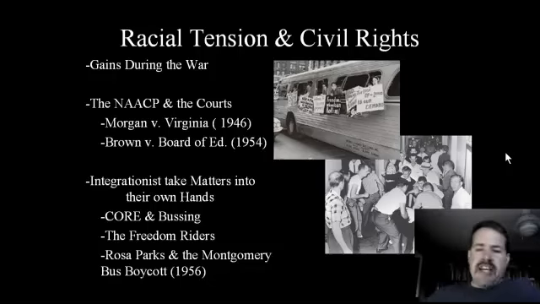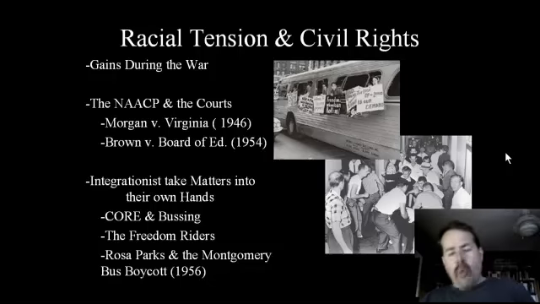Because in the 1890s, the Supreme Court, under, of course, different judges, ruled in Plessy versus Ferguson that as long as blacks had the same access to black facilities that whites had to white facilities, you could have separate but equal facilities.